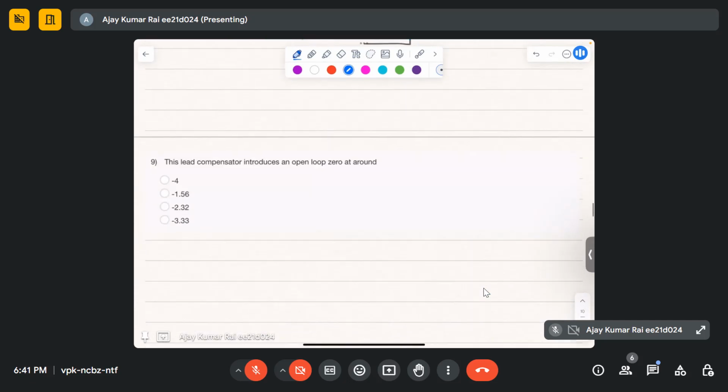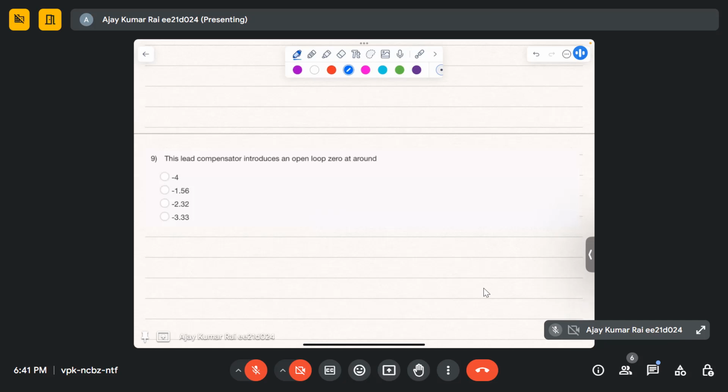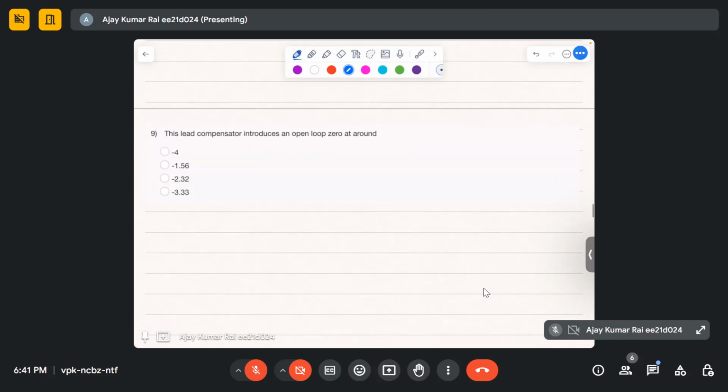Okay, we'll go to the ninth question. This lead compensator introduces an open loop zero at around. So it's very simple. This is lead compensation. Just by looking at the transfer function, can you tell me what the zero is here? I'm asking you a very silly question because you already know.